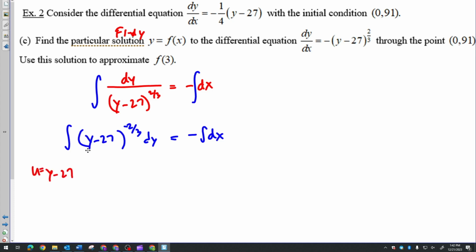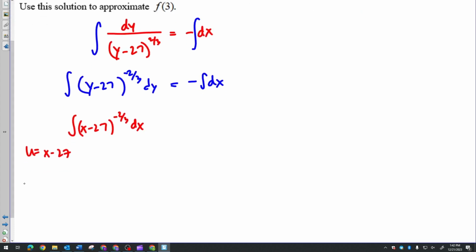Remember, this y is usually our x, so let me change it, maybe it'll be more helpful. This is the integral we usually do, and we'll say u is equal to x minus 27, du/dx is equal to 1, dx is equal to du. Then you substitute two things, your u and your dx, so this becomes u to the negative 2/3 du.